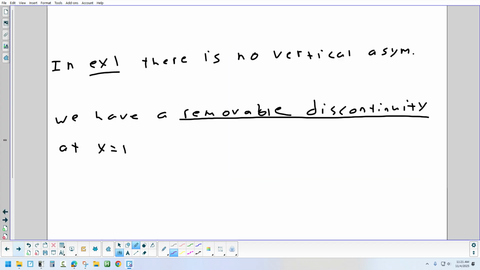All right, so when there is no vertical asymptote, another name for that is called a removable discontinuity. That's the fancy name for having a hole in a graph. Discontinuity means it's disconnected. It's like you'd have to lift your pencil up and put it back down to continue.